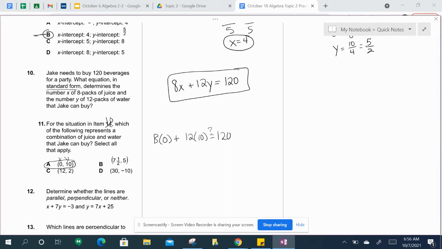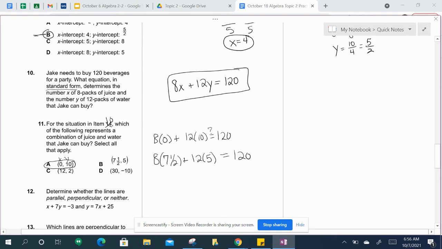However, this also says that I need to select all that apply, so I'm going to go ahead and move on to choice B. When I look at choice B, I would substitute in 7.5 and 5, so 8 times 7.5 plus 12 times 5. And using my calculator, I do in fact find out that that does equal 120.